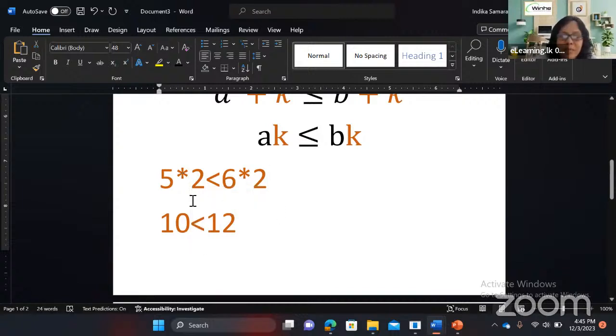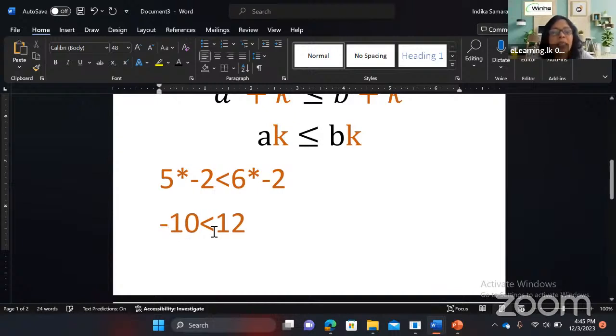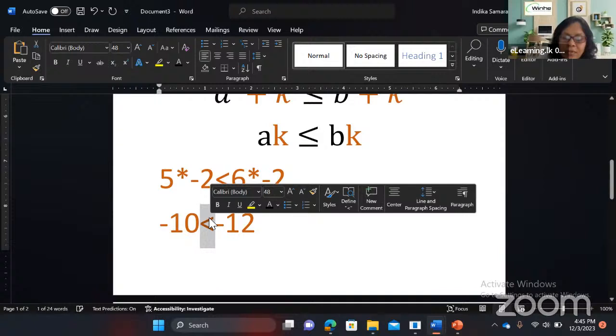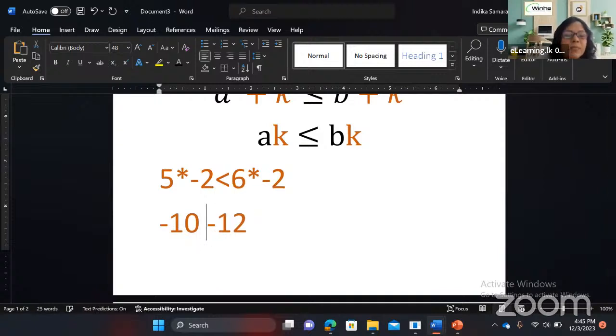If you multiply both sides by a negative value, then what will happen? Then the answer will become minus 10 and minus 12. Right. What can you say about these two values? Is minus 10 less than minus 12 or greater than minus 12? Yes, can anyone of you answer?